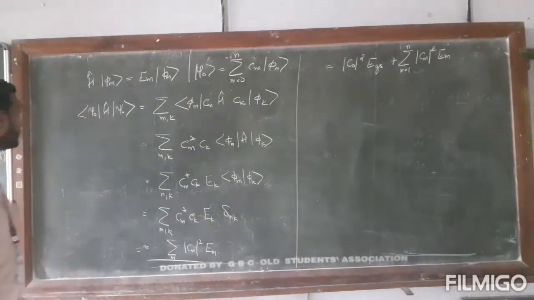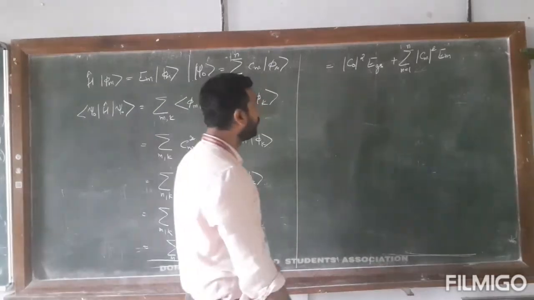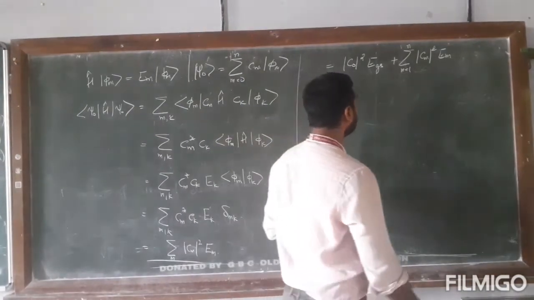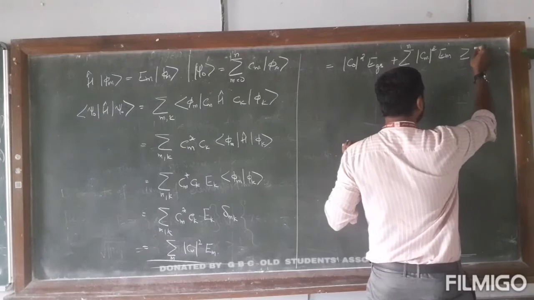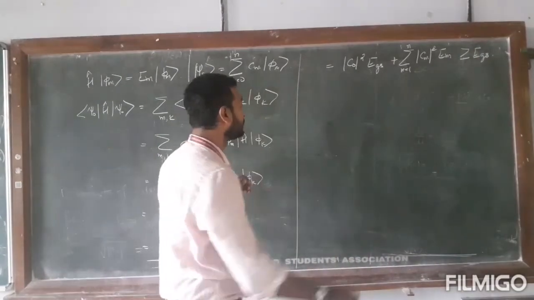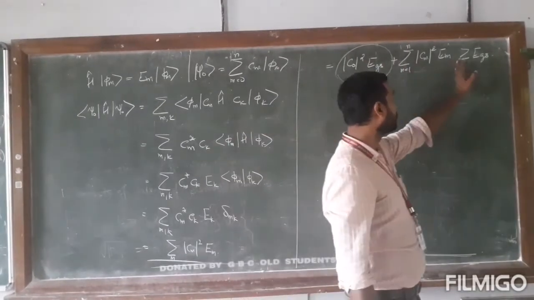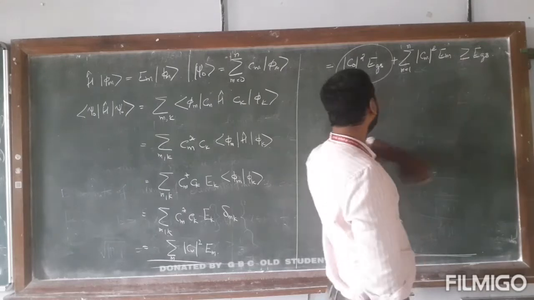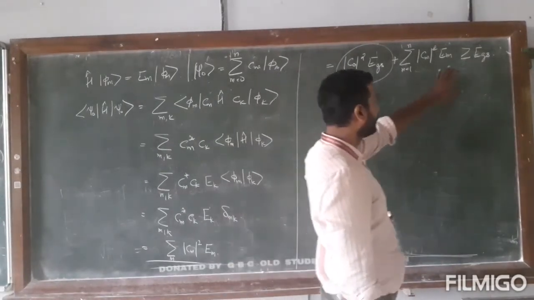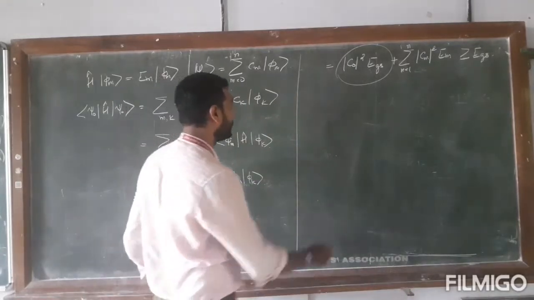And what is the left hand side? The left hand side is ⟨psi 0|H|psi 0⟩, which is this quantity. Now obviously this quantity would be greater than or equal to EGS. EGS is only this one number, and we have many other terms here. So obviously this would always be greater than or equal to EGS.